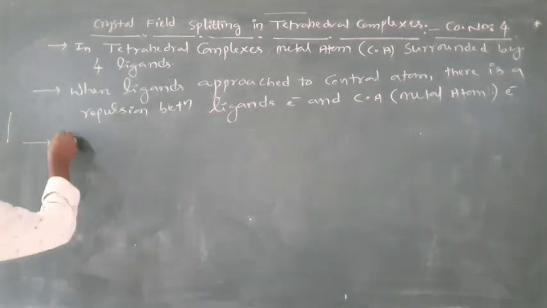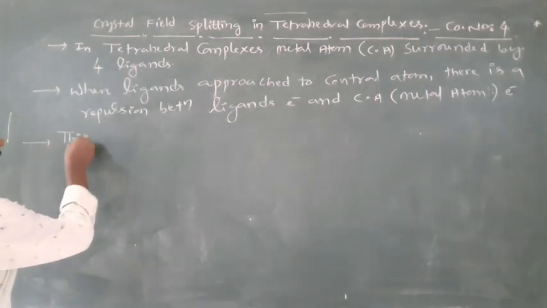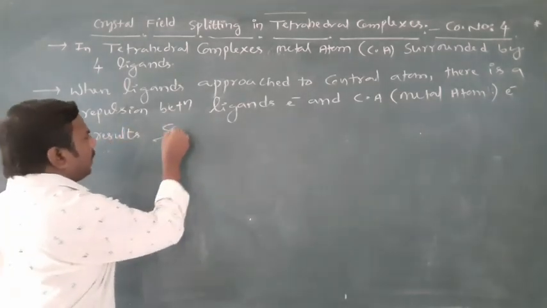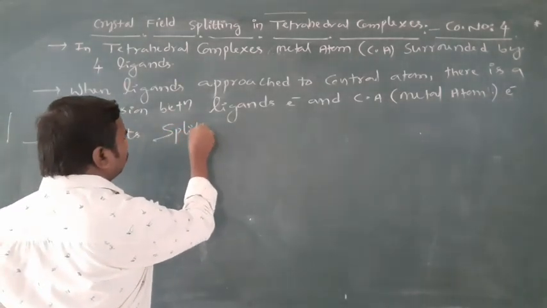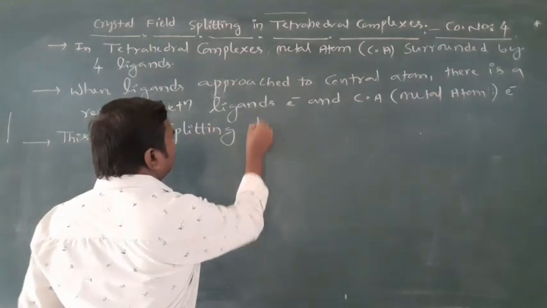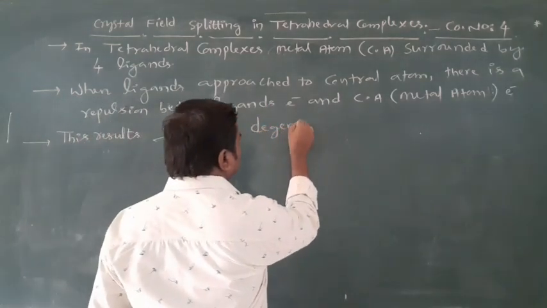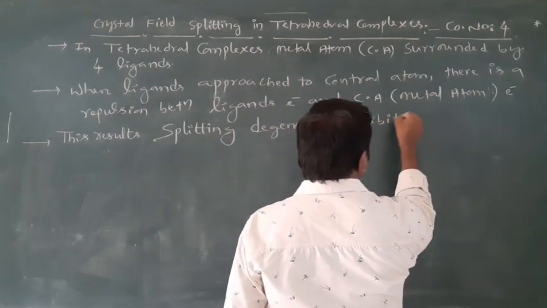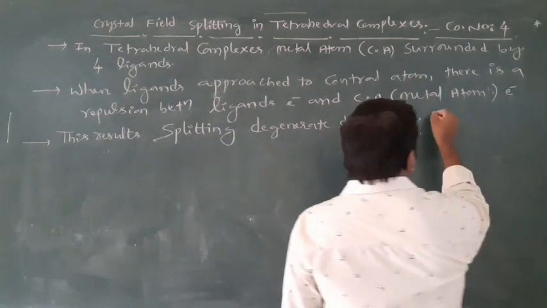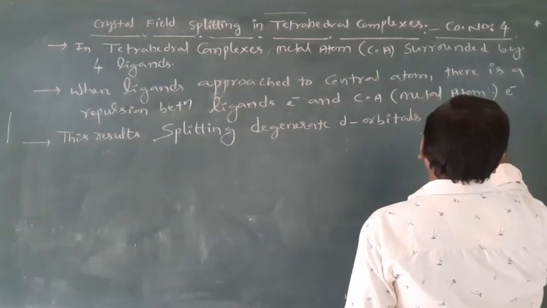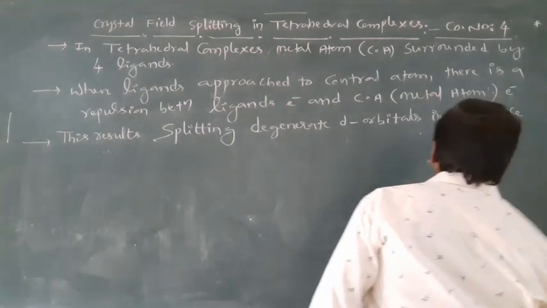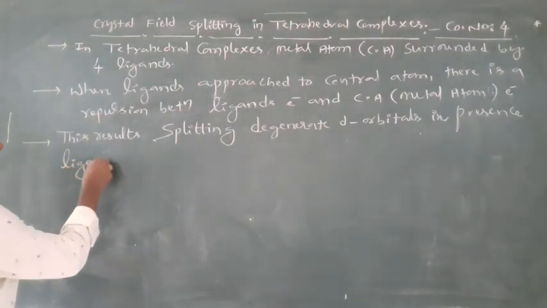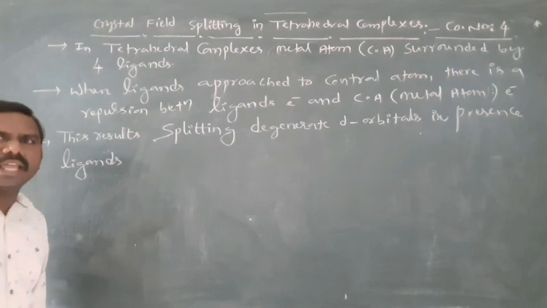This results in splitting of degenerate d orbitals in the presence of ligands, 4 ligands.